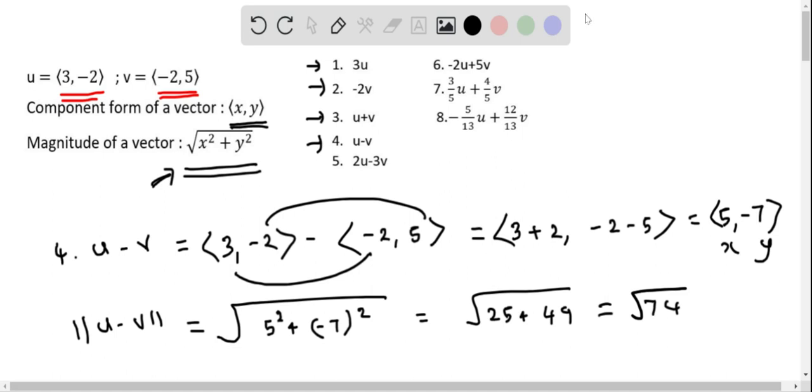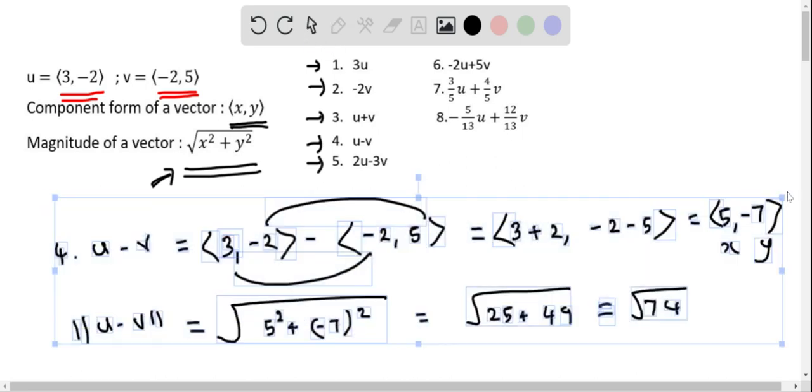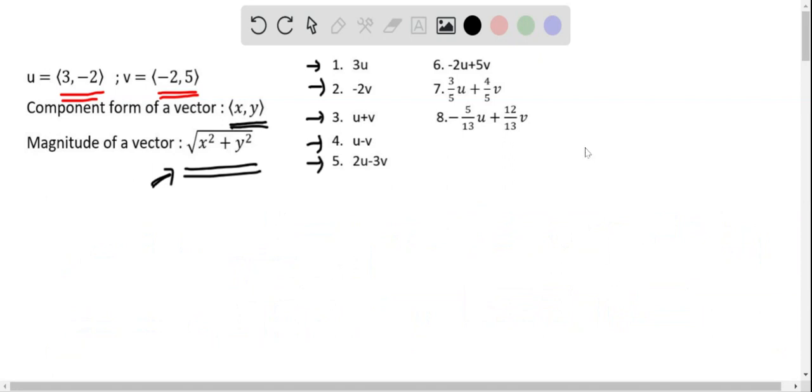We now find the next vector, that is the fifth one, 2u minus 3v vector. Let me get this erased. We have 2u minus 3v. So this is equivalent to, we have to put the 2 first and then the u vector, which is 3 comma minus 2.